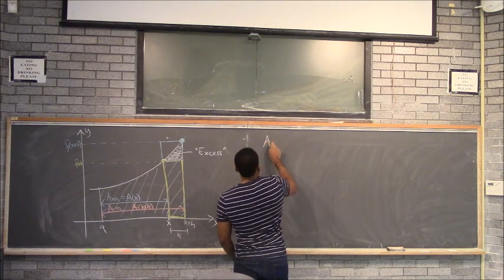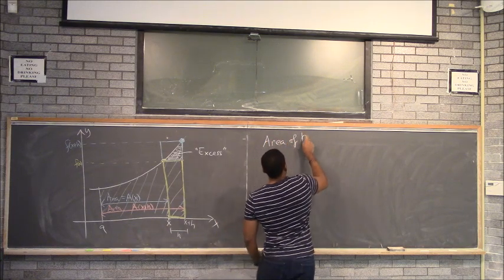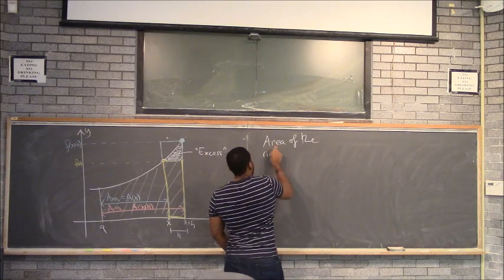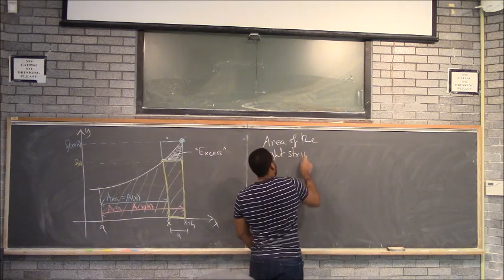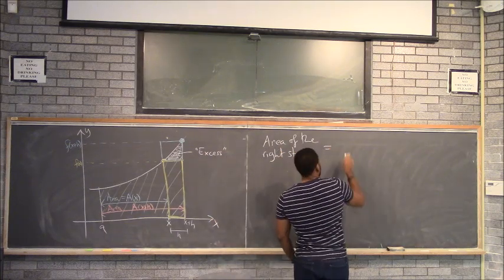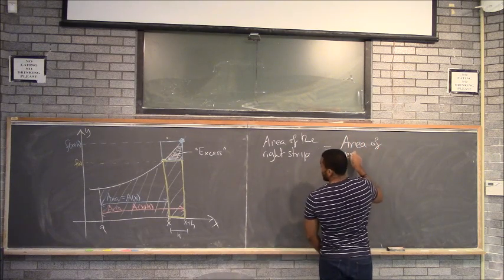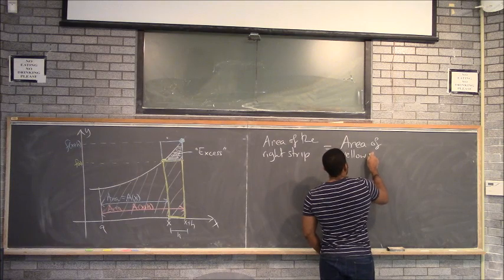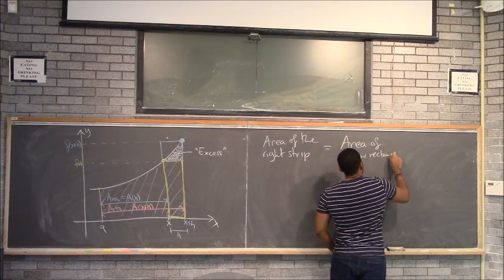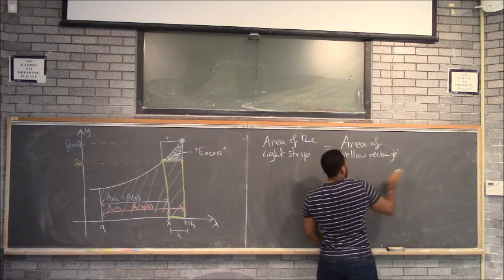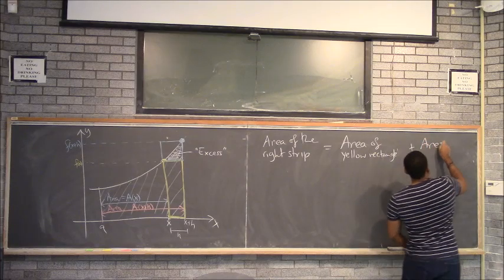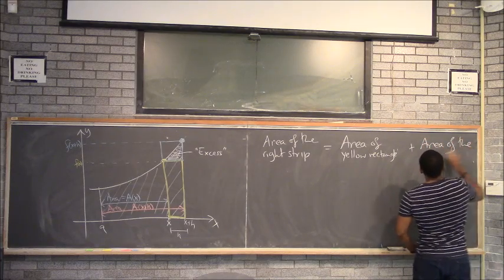So now the area of the right strip is going to be the area of the yellow rectangle plus the area of the excess.